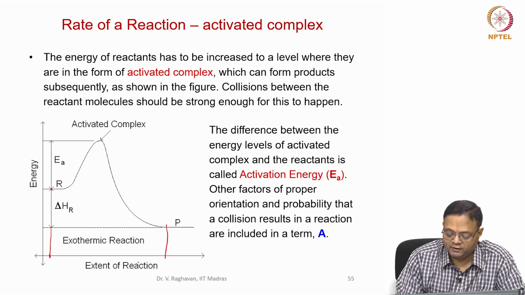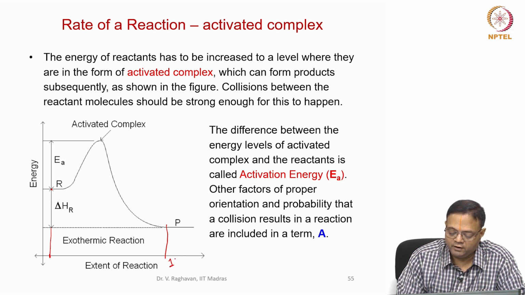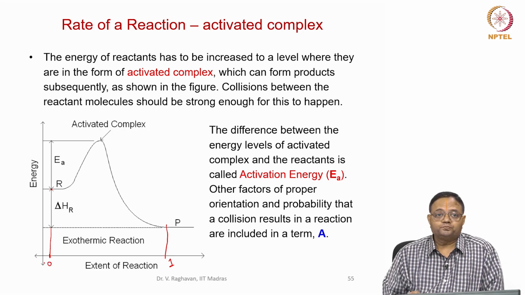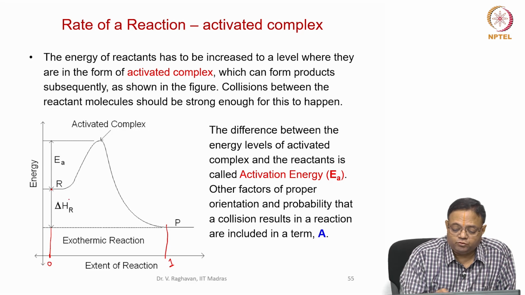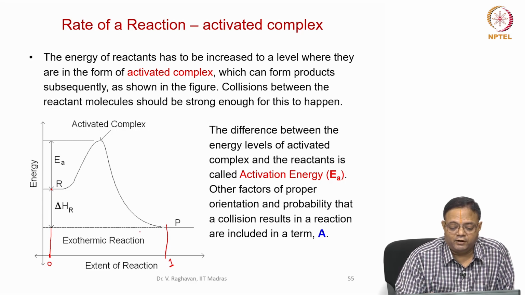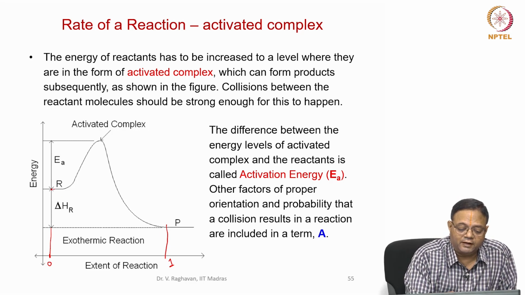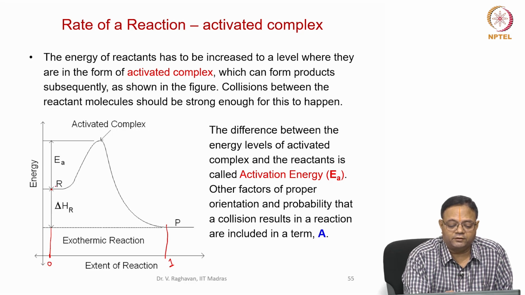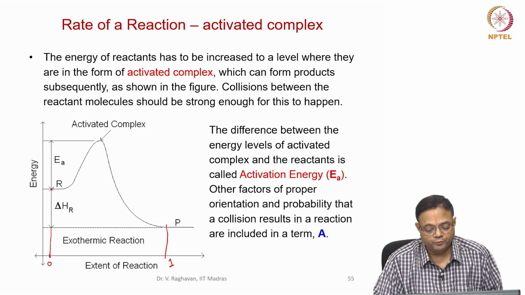So here the extent of reaction is complete. So I will say in a fraction it is 1, here it will be 0. Now the reactants to products, it's actually an exothermic reaction because the enthalpy or the energy of the reactants is higher than that of the products. So it's an exothermic reaction. Hp minus Hr is negative.